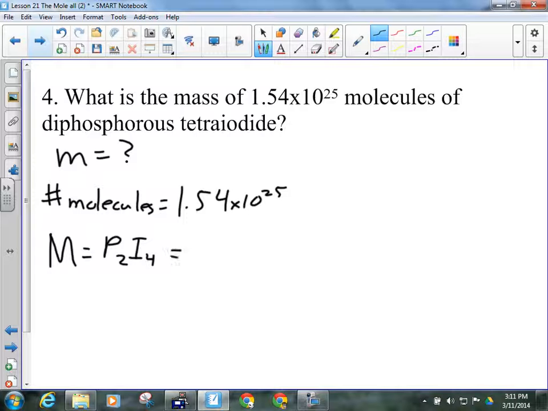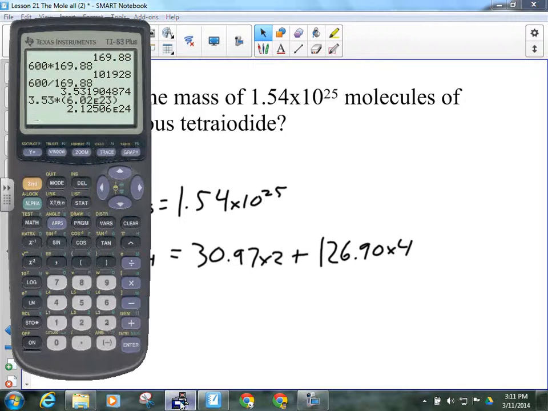So if I'm going to calculate the molar mass of this, I'm going to have 30.97 times 2 for my 2 phosphorus, and iodine is 126.90 times 4, because there's 4 of it. So my molar mass is 569.54.